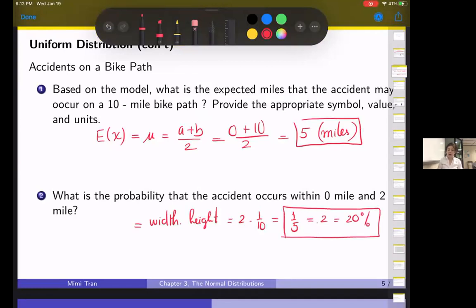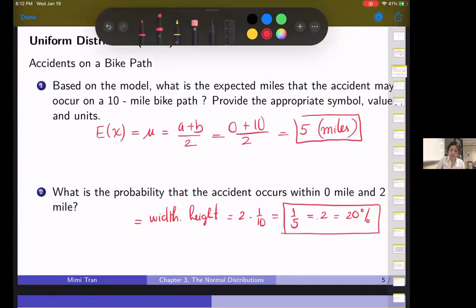Okay, now, this right here, that's English. Probability that an accident occurs within 0 mile and 2 mile. If I want to translate this into math, into statistic language, then this is what I'm going to write. Probability is big P, and then parentheses.